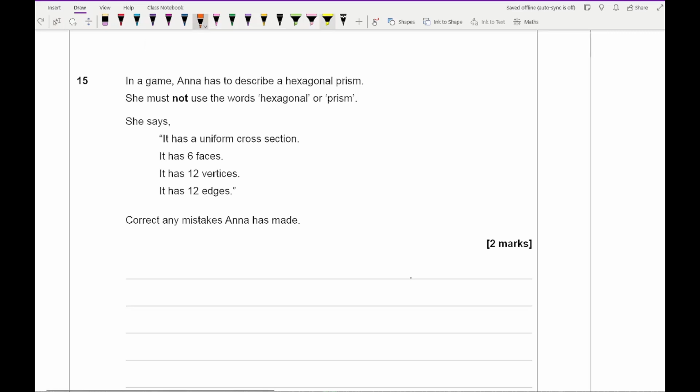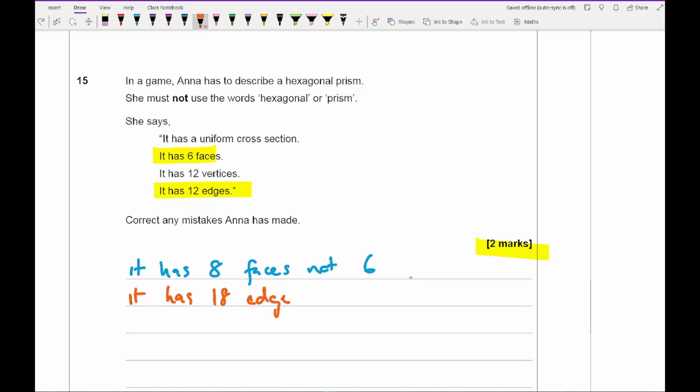Now, this question is worth 2 marks, so there's a good chance that we're looking for 2 mistakes. So the 2 mistakes are the fact that a hexagonal prism has 8 faces, not 6, and the second mistake is that it has 18 edges, not 12.